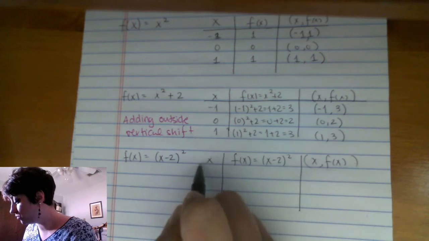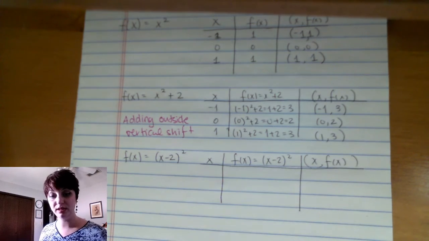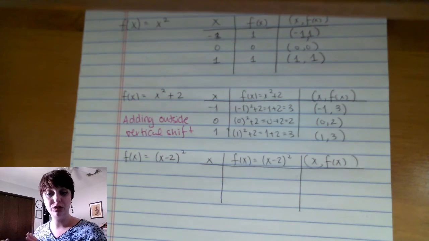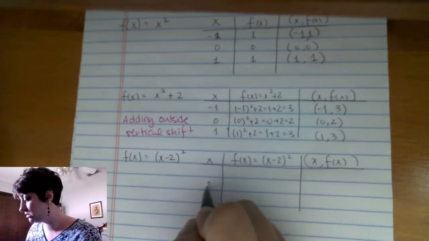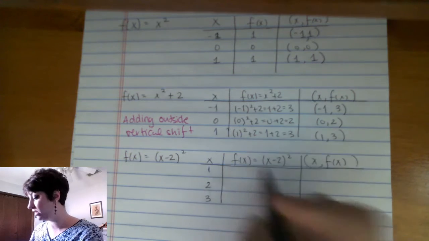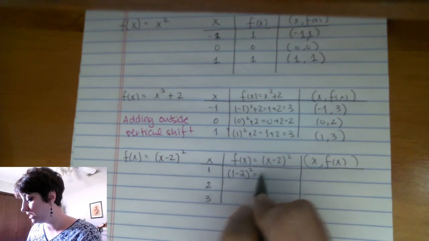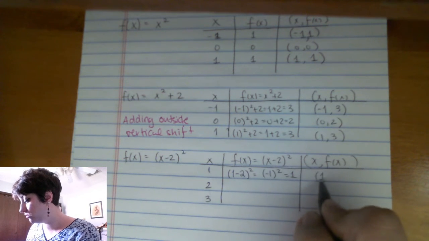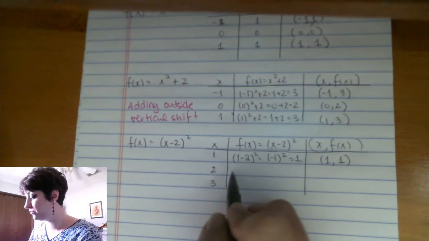With this, I'm actually going to pick different x values, and I'm going to tell you why I picked them in a second. Okay, so I'm going to pick 1, 2, and 3. So I get 1 minus 2 squared is negative 1 squared, which is 1. So in went 1, out came 1. So I'm going to plot 1, 1.